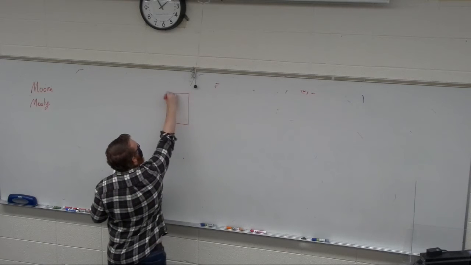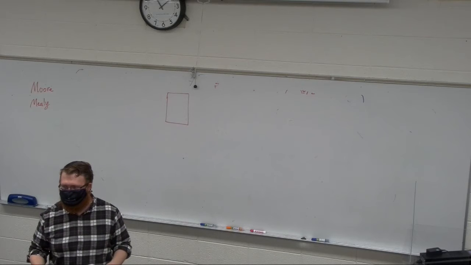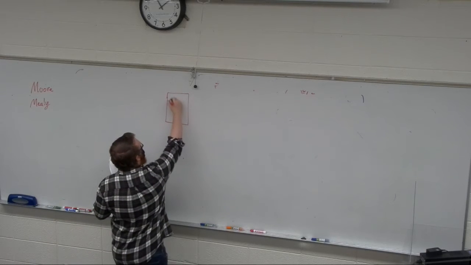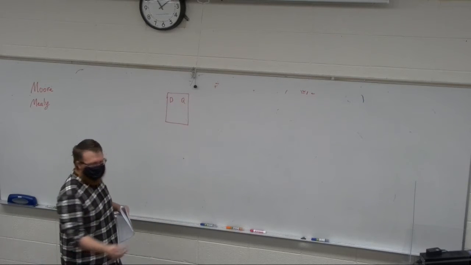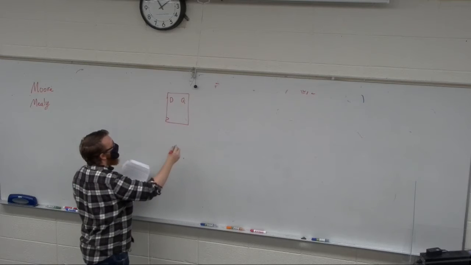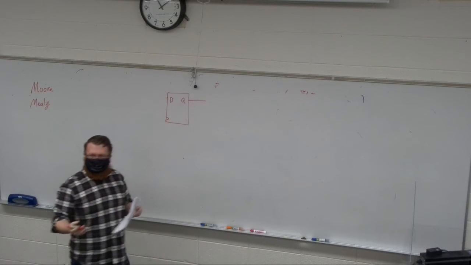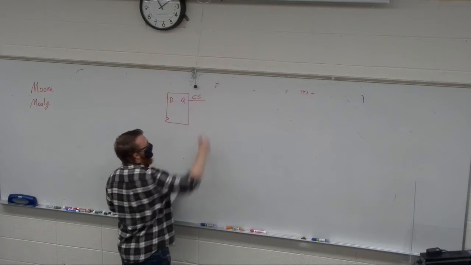Anytime I need to store something, memory, what current state I'm in, I need a register. So let's just make it a DQ flip-flop. You like those, right? Q, the output, is our current state.